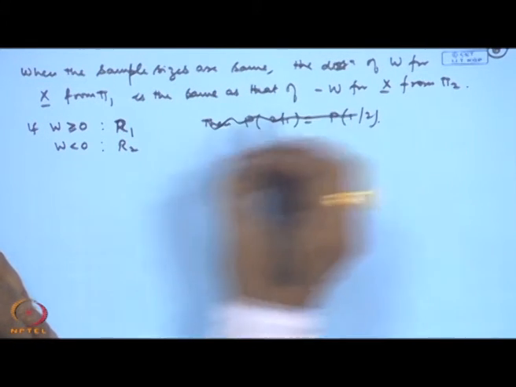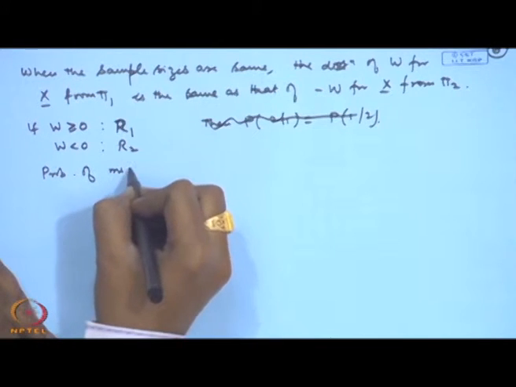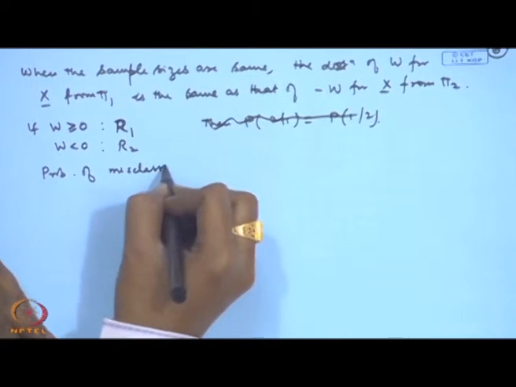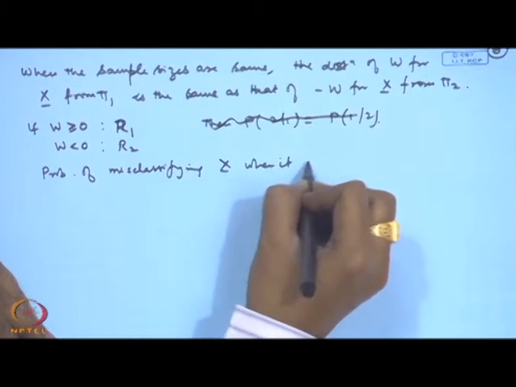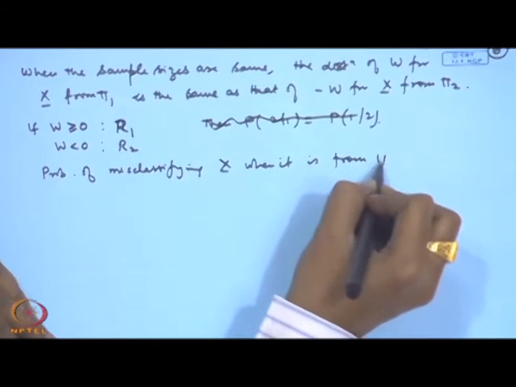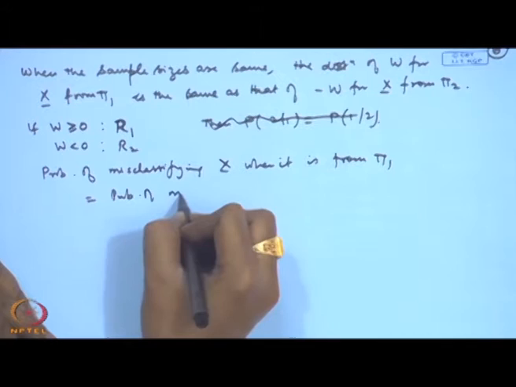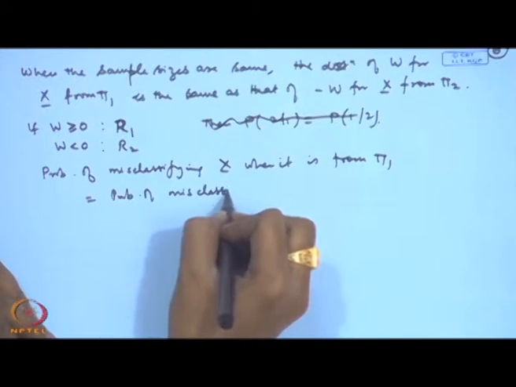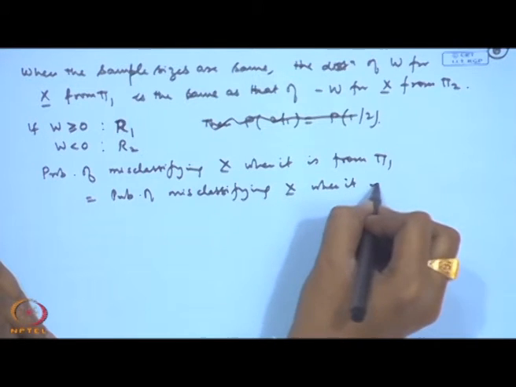Basically, we can say that the probability of misclassifying x when it is from pi 1 is equal to probability of misclassifying x when it is from pi 2.